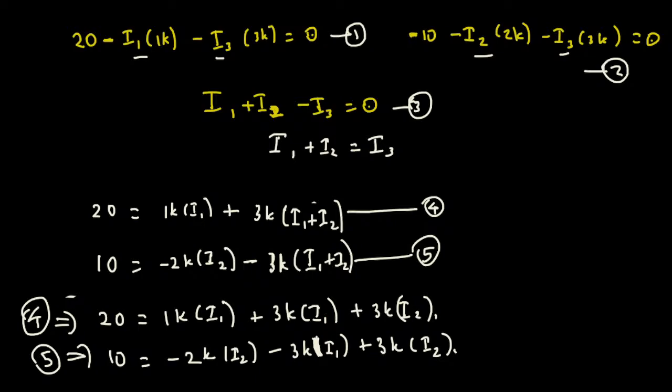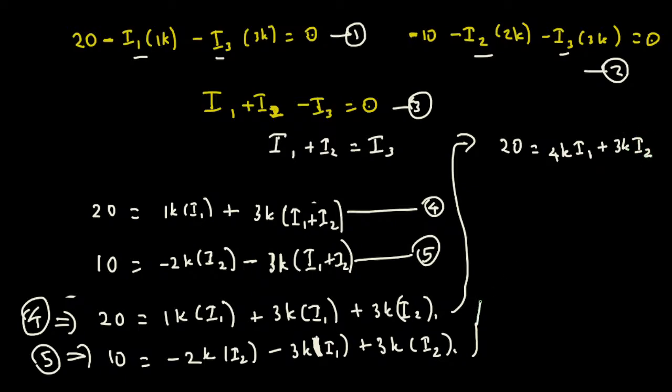Okay, so here as you can see, by adding these two, let's combine the I1 and I2 terms, so we will have only two unknown variables. I am bringing the 4 here to make it simpler. So 20 is equal to 1k I1 plus 3k I1, that is 4k I1, and plus 3k I2.